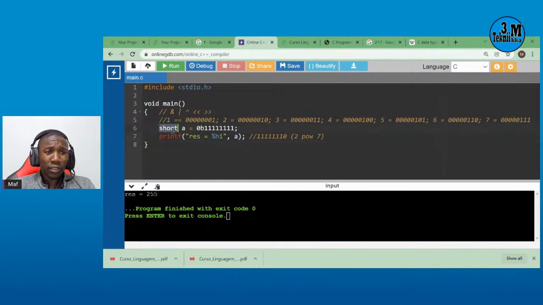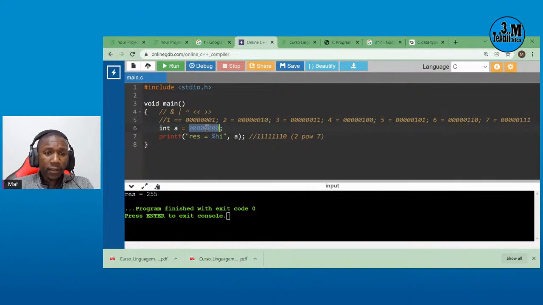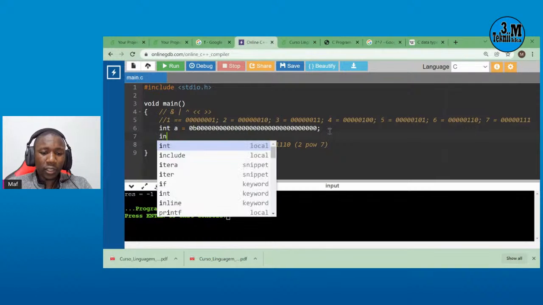That's bad. Because if I had an int here with 8 bits, another 8, another 8, 32 bits in total, 0b and then you do this, you have zeros, and now we have what we want. This is -1. That's what I wanted with short. Let me call this int b.